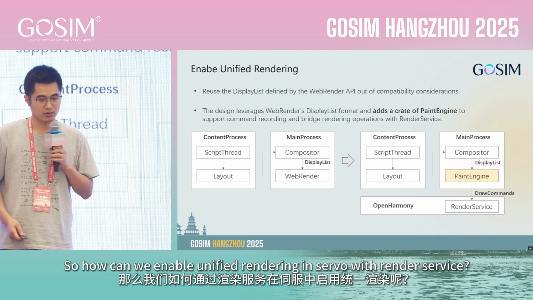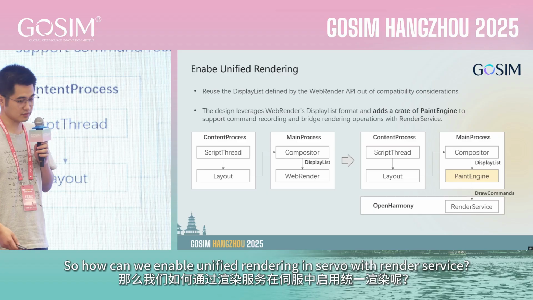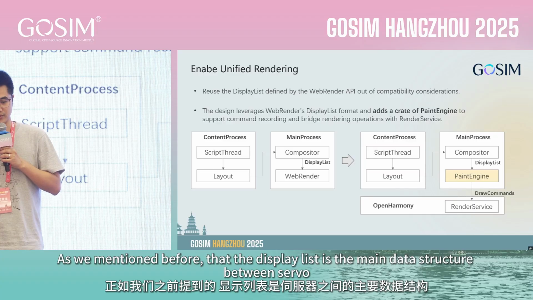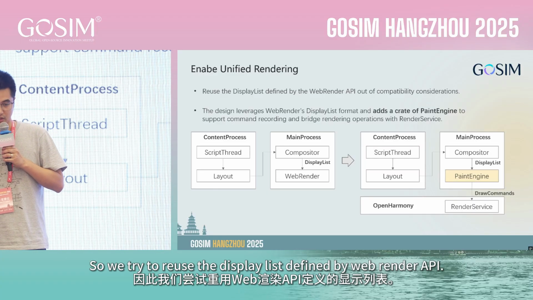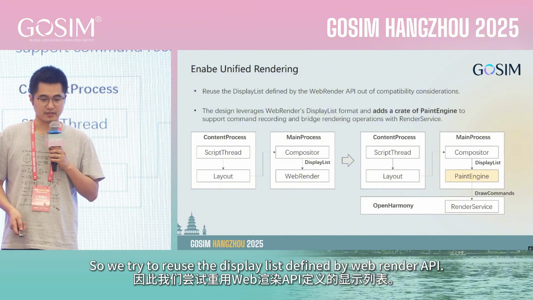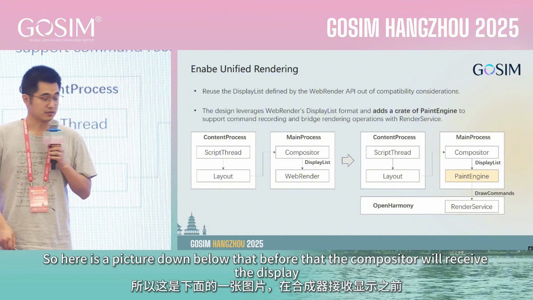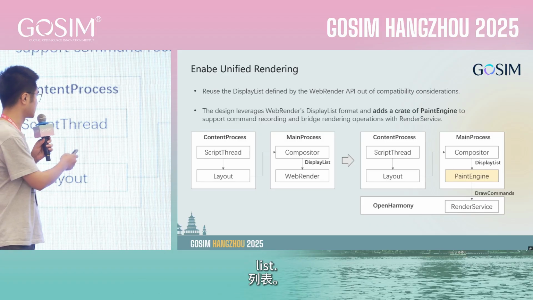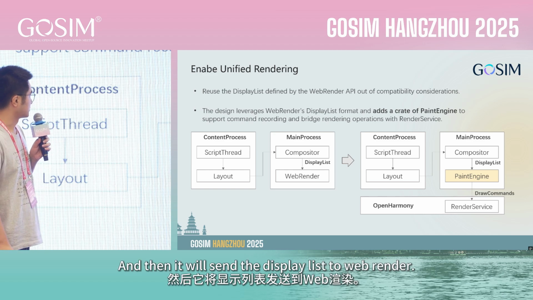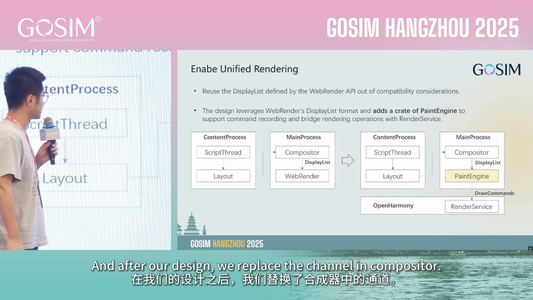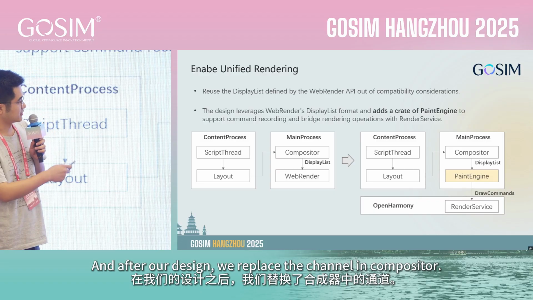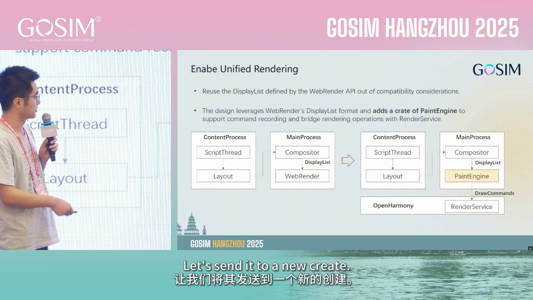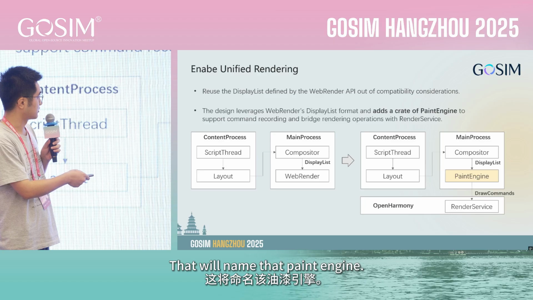So how can we enable unified rendering in Servo with the render service? As we mentioned before, the display list is the main data structure between Servo and WebRender, so we try to reuse the display list defined by the WebRender API. In the picture below, the compositor receives the display list, and there is a channel that sends the display list to WebRender. In our design, we replace the channel in the compositor and send the display list to a new crate that we name paint engine.